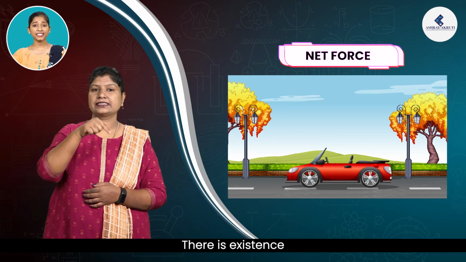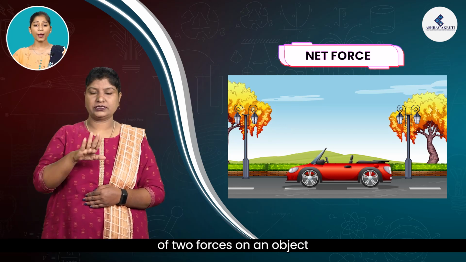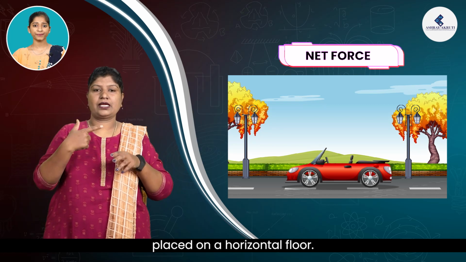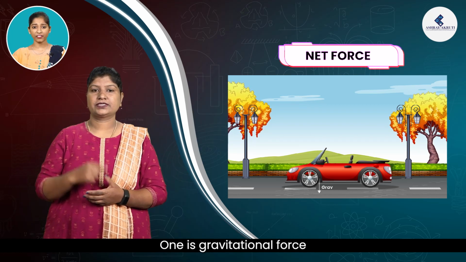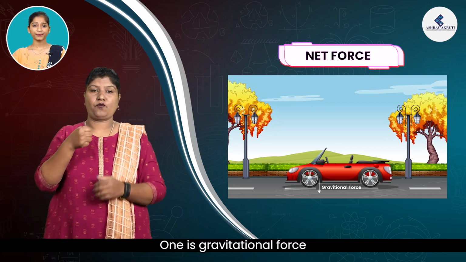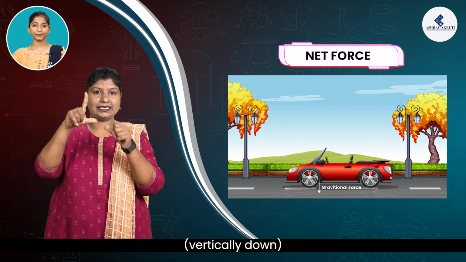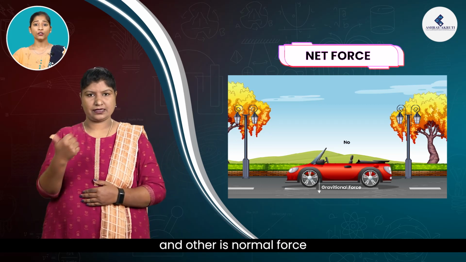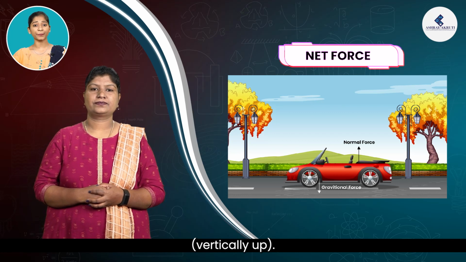There is existence of two forces on an object placed on a horizontal floor. One is gravitational force, vertically down, and the other is normal force, vertically up.